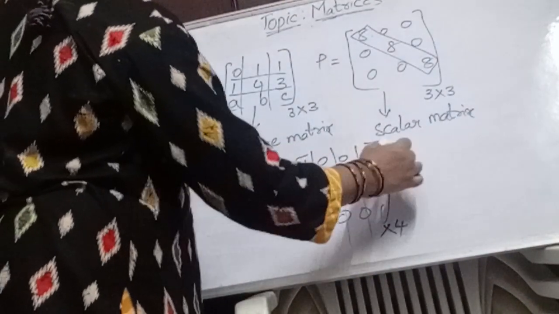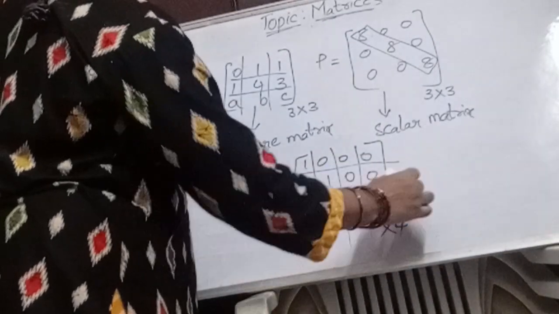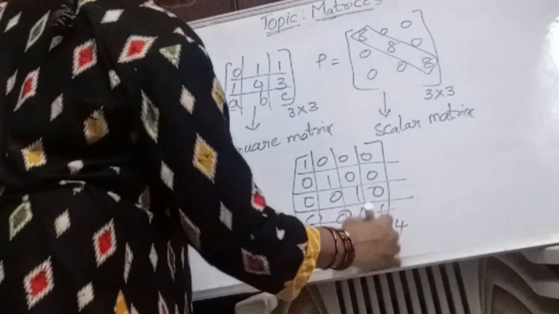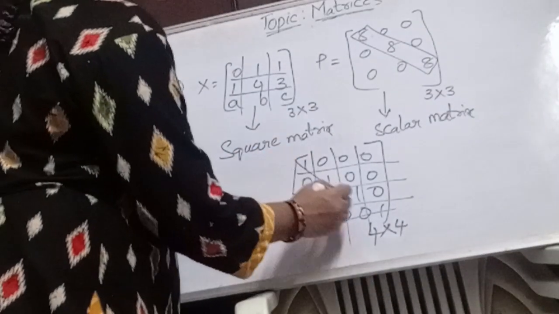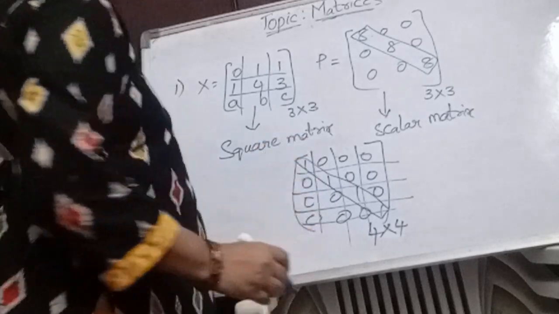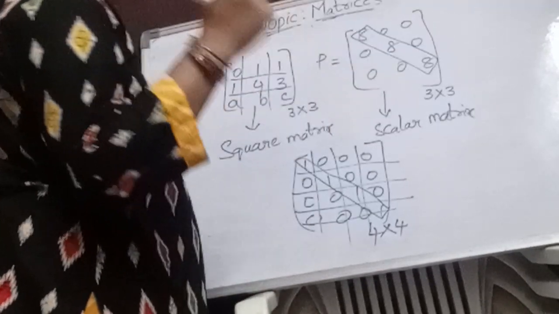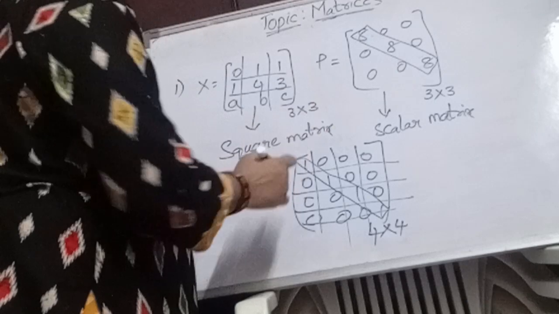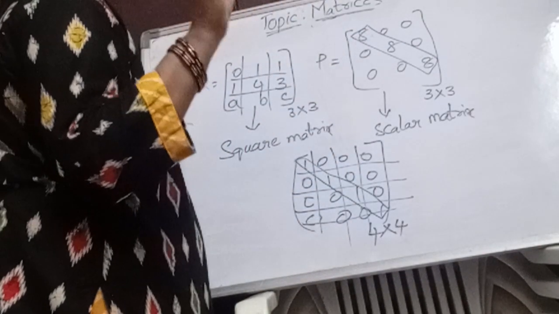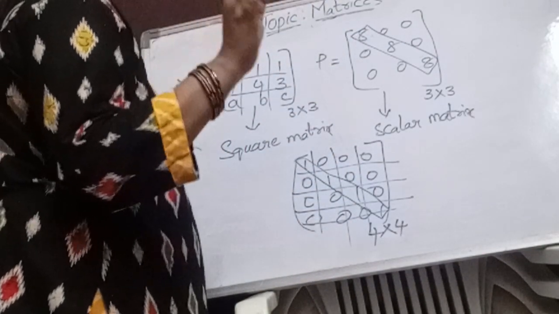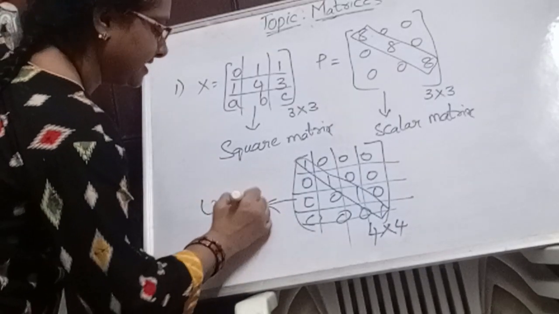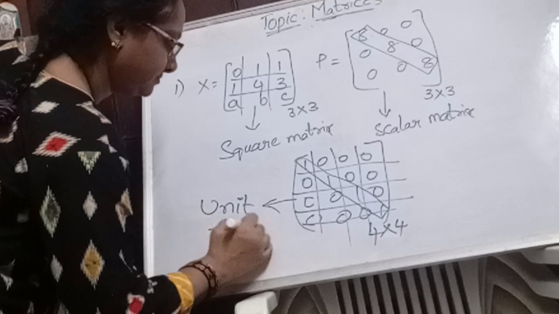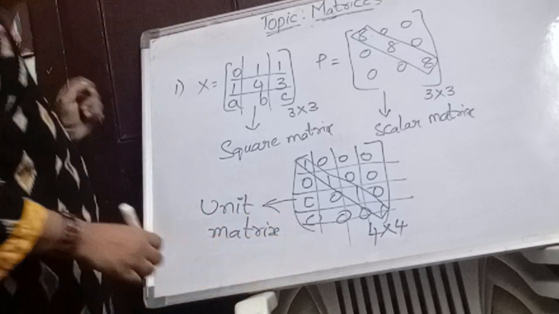First we have to observe the number of rows: first row, second row, third row and fourth row. So 4 by 4 means it is a square matrix. And what do you observe in the principal diagonal? Only ones. So we call this a unit matrix. Got it?